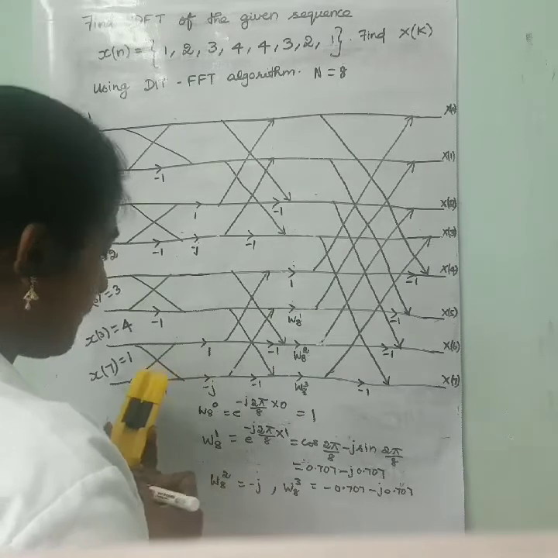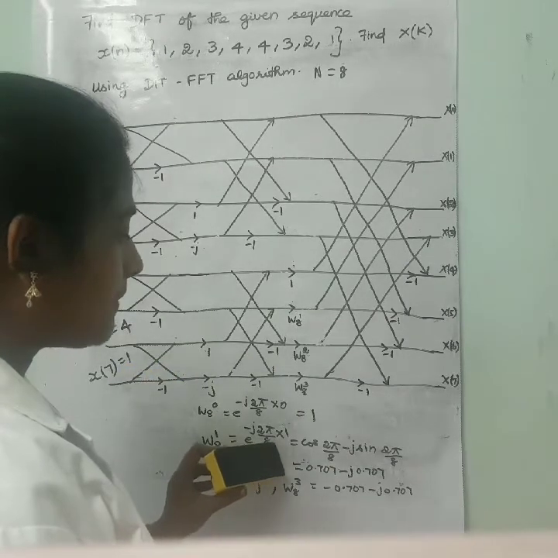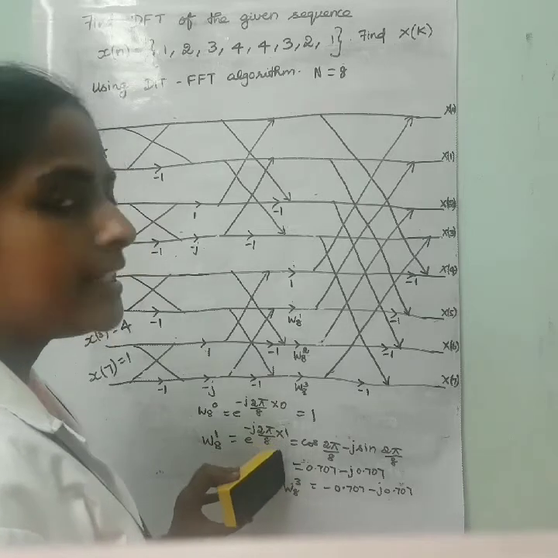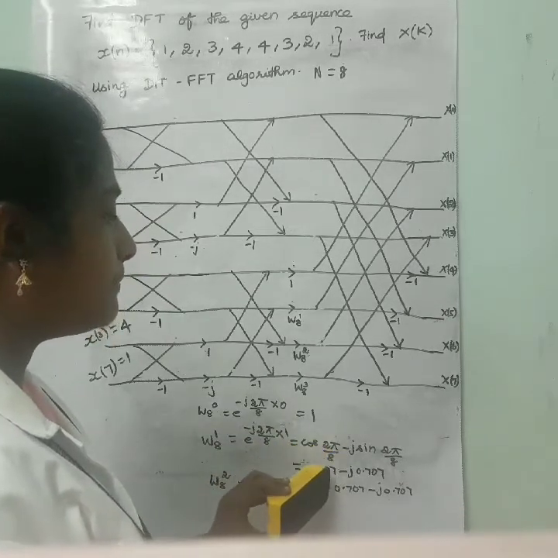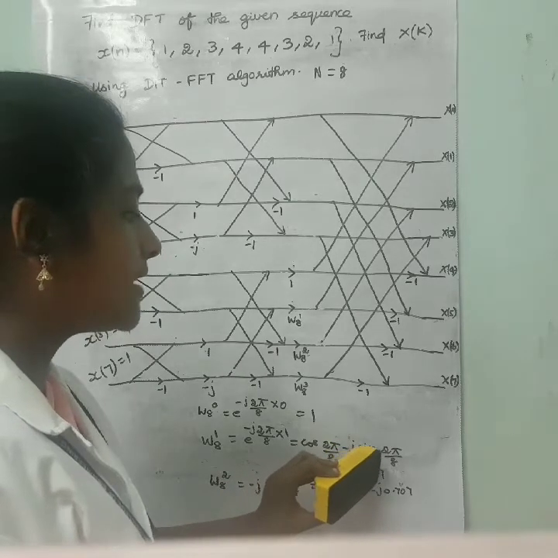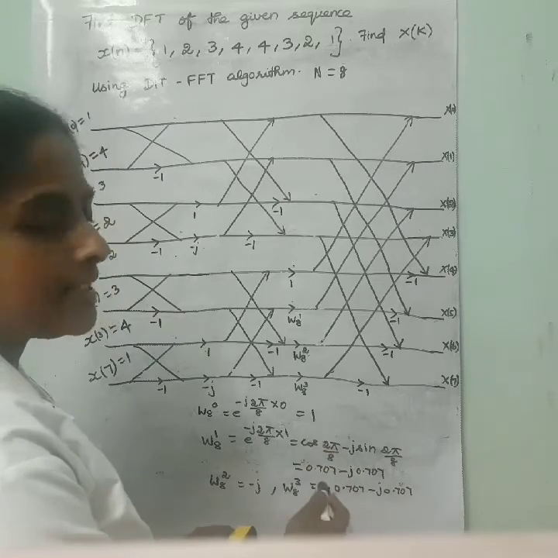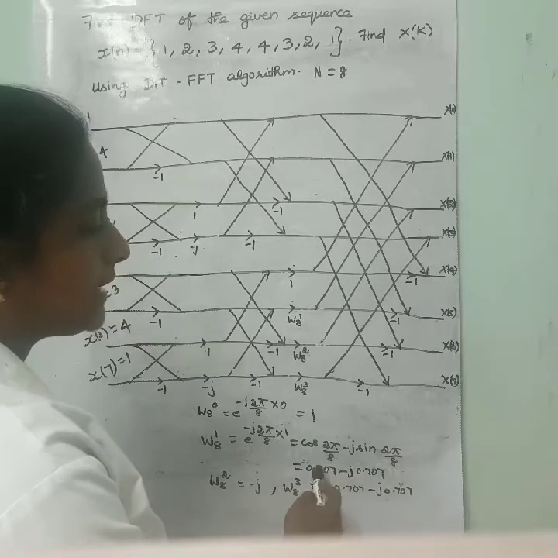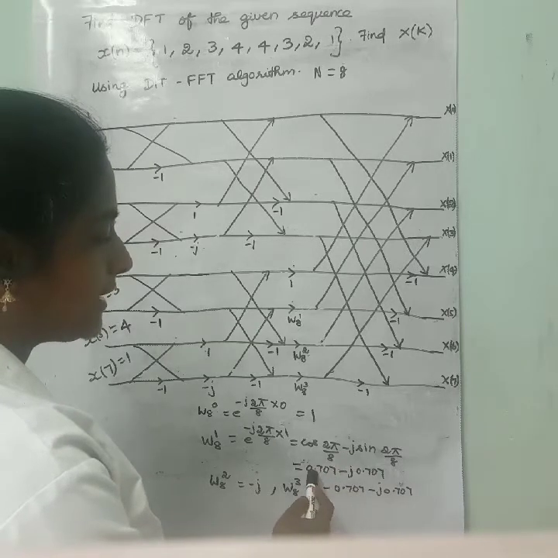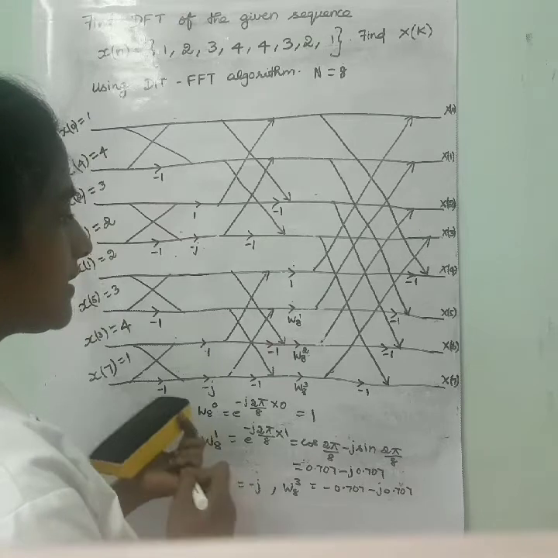And W8 power 1, by the formula we can write it as e power minus j2 pi divided by 8 into 1, that value is cos 2 pi divided by 8 minus j sin 2 pi divided by 8. You can put this value in a calculator and directly find the value, that is 0.707 minus j 0.707.